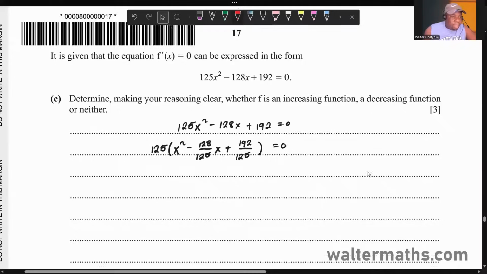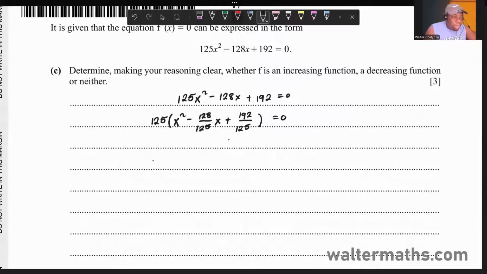Now we want to complete the square, right? So that's 125 of x minus, and half of 128 over 125 is 64 over 125, close bracket squared, and that's minus 64 over 125 squared plus 192 over 125 that is already there. So I've just done the whole thing, and that's equal to 0.